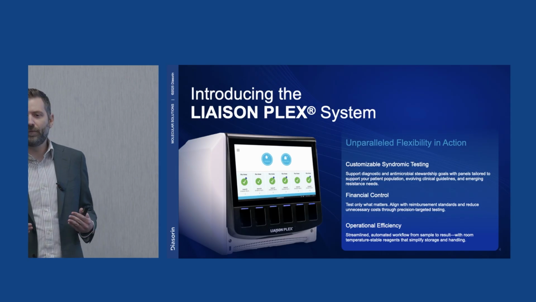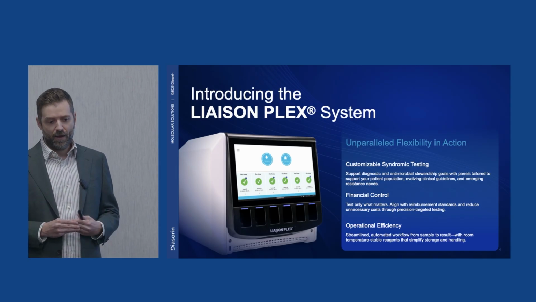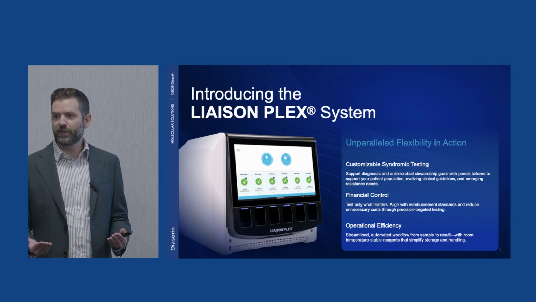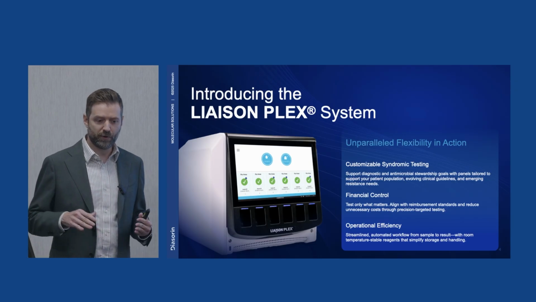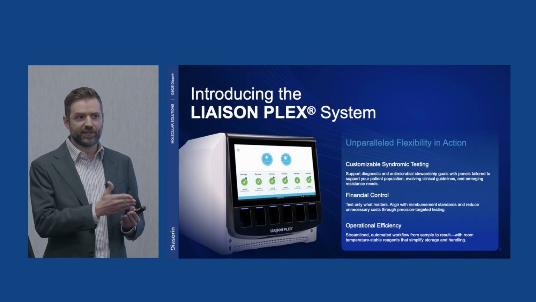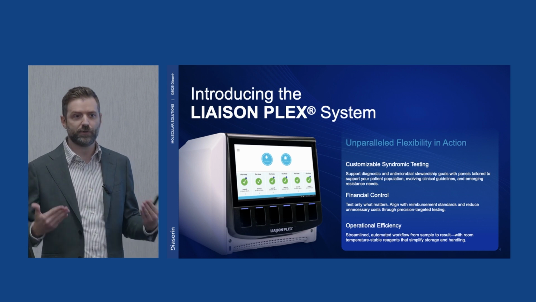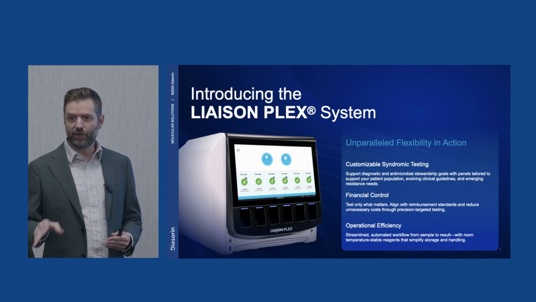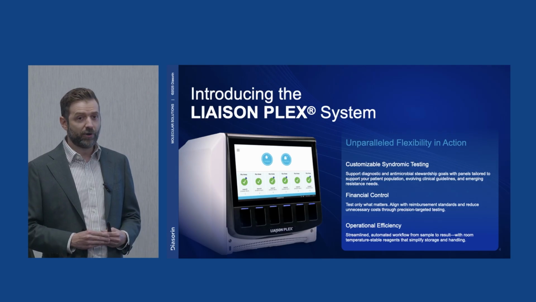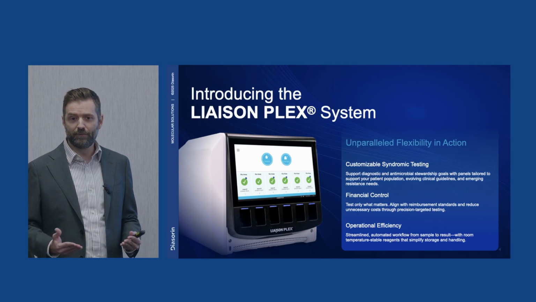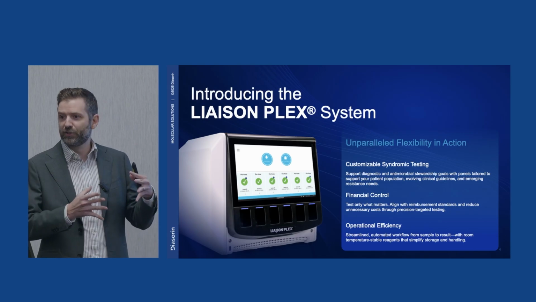And with that Verigene platform, we always had this philosophy around providing our customers a little bit more control over their testing needs. With our blood culture assays, we've always had a split panel design where you can use your gram stain to decide which panel you need to run and try to conserve costs that way. With our enteric pathogens panel on the Verigene, that was always a purposefully constrained panel.